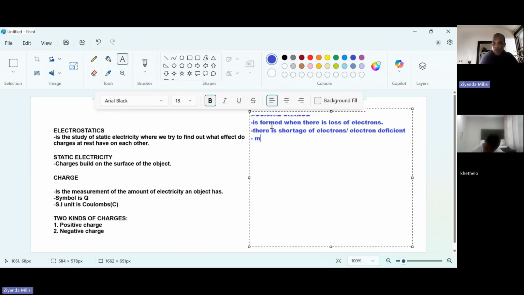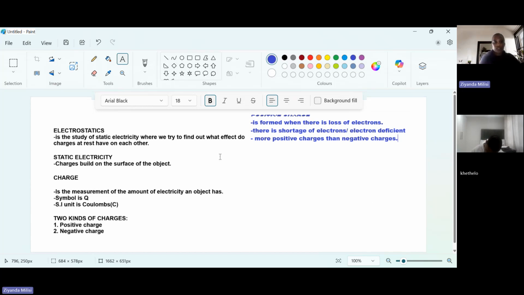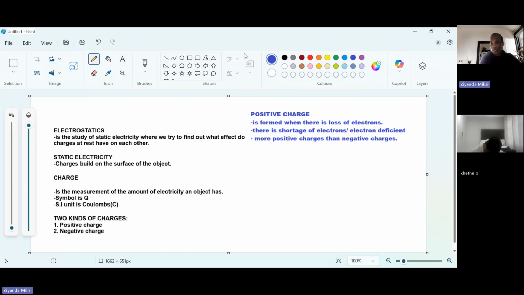It means there are more positive charges than negative charges. All right. So if we draw a picture of this kind of an object, it will look like this.